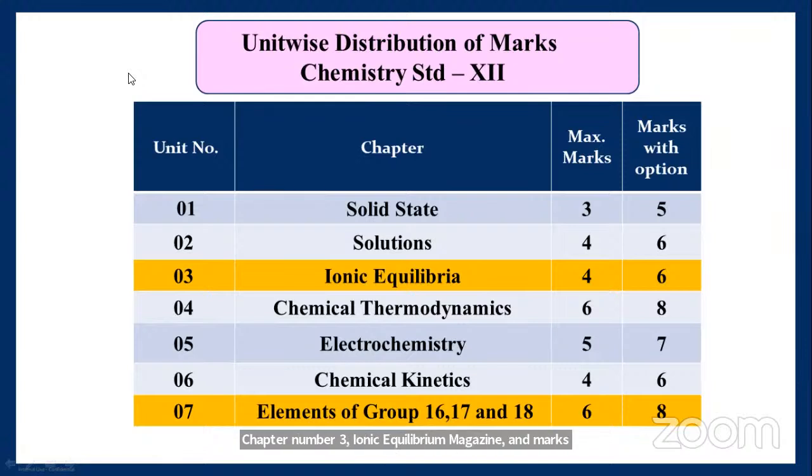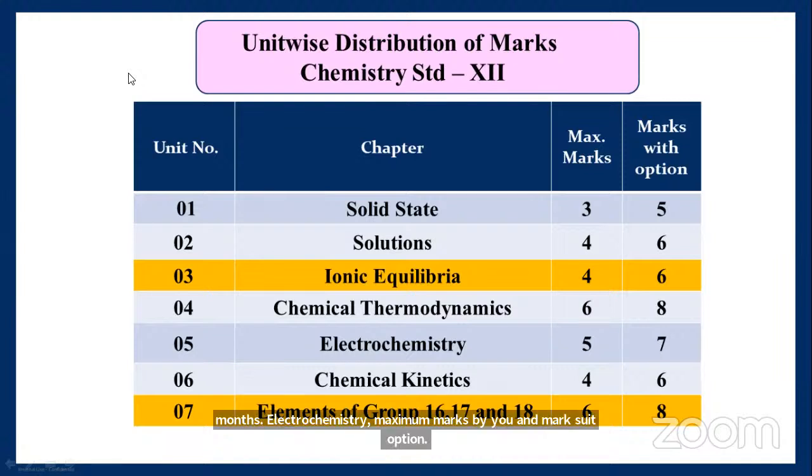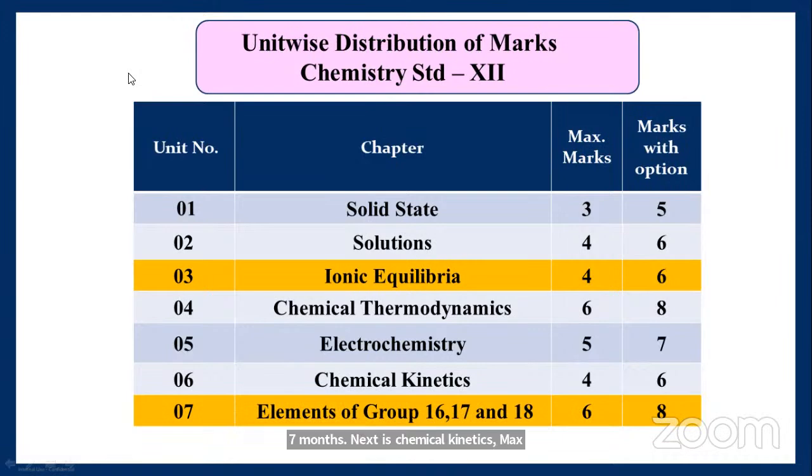Next, thermodynamics, maximum weightage 6 marks and marks with option 8 marks. Electrochemistry, maximum marks 5 and marks with option 7 marks. Next is chemical kinetics, maximum marks 4 and marks with option 6.